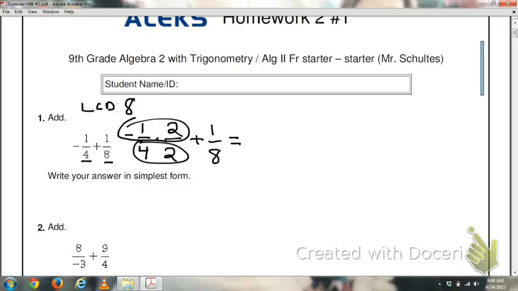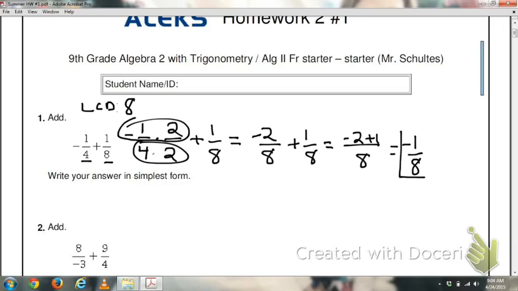So -1 times positive 2 is going to be -2, and then 4 times 2 is 8. And now I can simply add 1/8 onto that, and because they have the same denominator, I can write the denominator as 8 and combine -2 plus 1 together to make -1 in the top, positive 8 in the bottom, and that would be the sum of those two fractions.